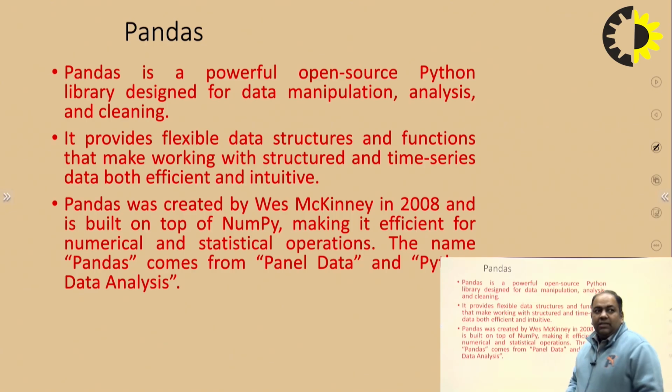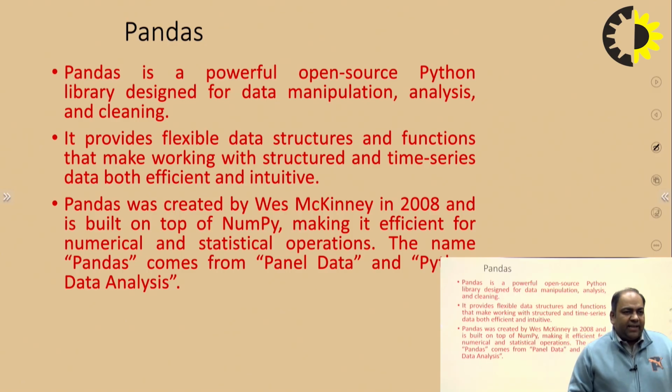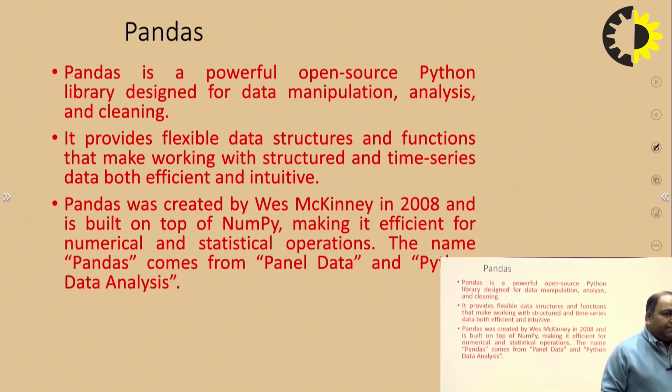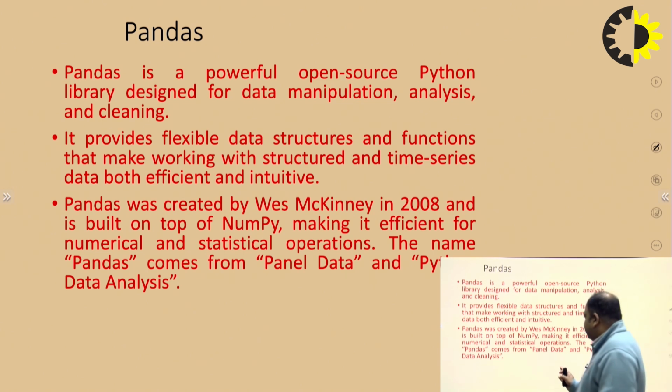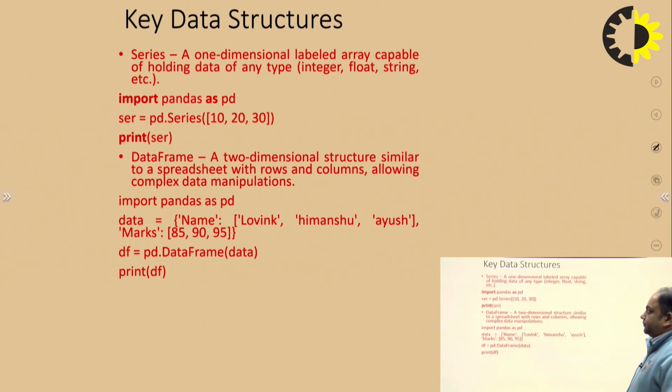So pandas is a powerful open source Python library designed for data manipulation, analysis and cleaning. It was created by Wes McKinney in 2008, and it's built on top of NumPy, and it also integrates with NumPy. The name pandas comes from panel data and Python data analysis. So the first part is panel data, and the das comes from data analysis.